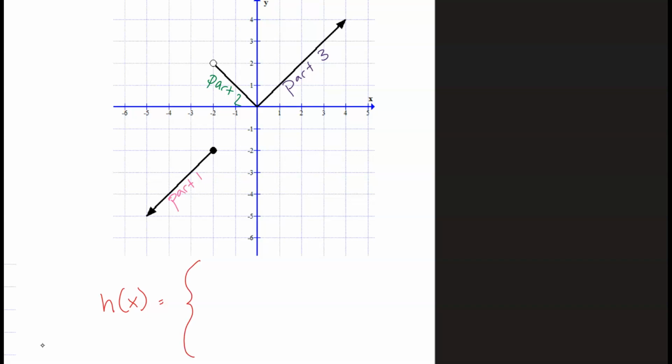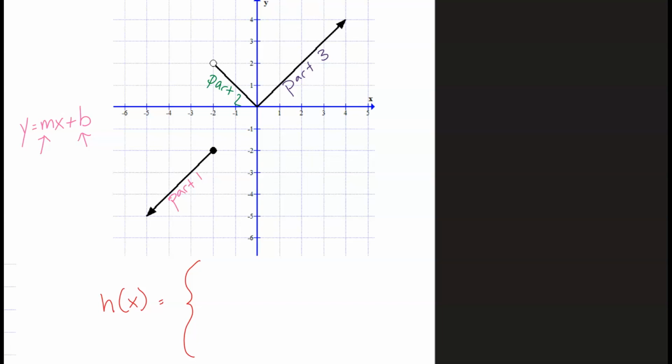Because we're breaking it into 3 parts, there will be 3 lines of equations with 3 lines of restrictions. All 3 of these are linear lines, and a linear line we know is y equals mx plus b in slope-intercept form. m is our slope and b is our y-intercept. So for each one of these, we need to find the slope and the y-intercept.